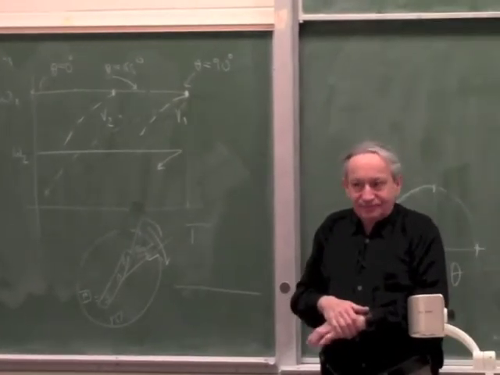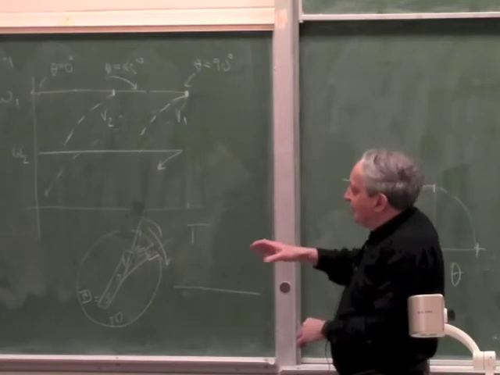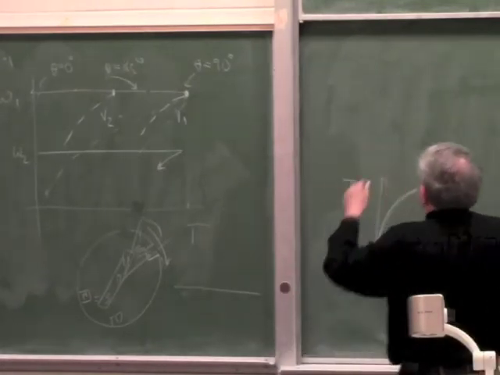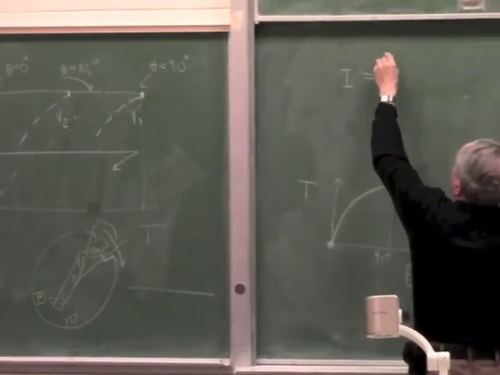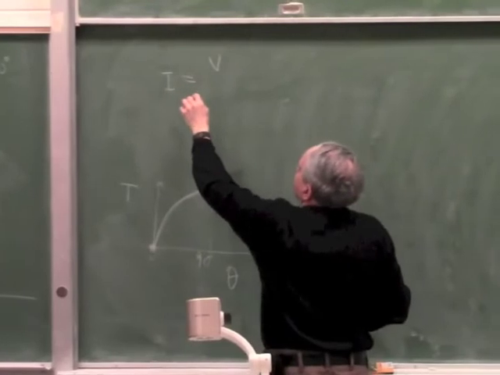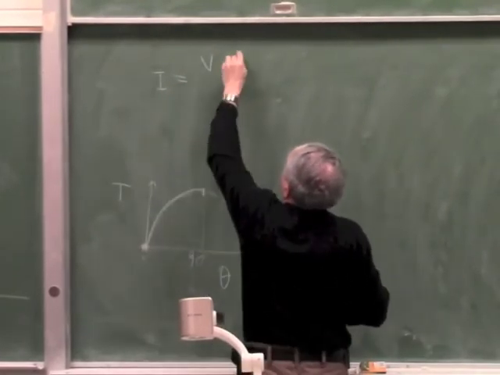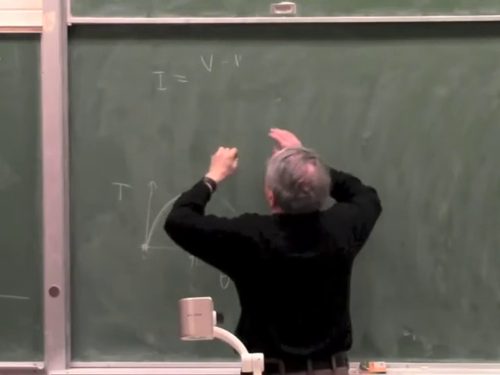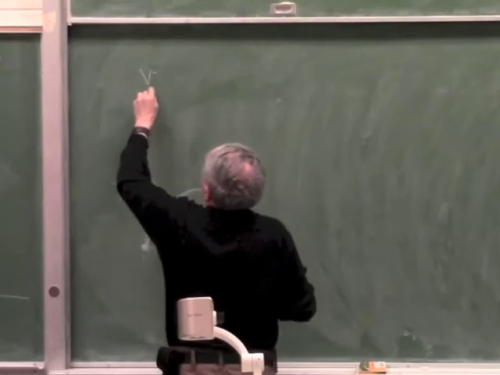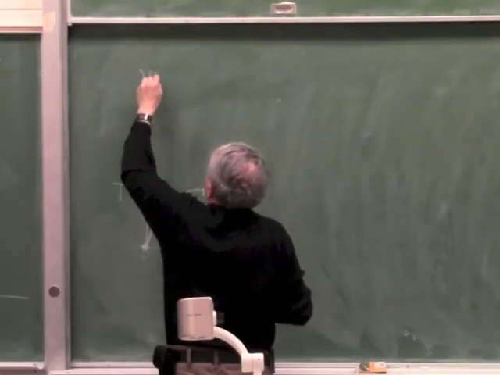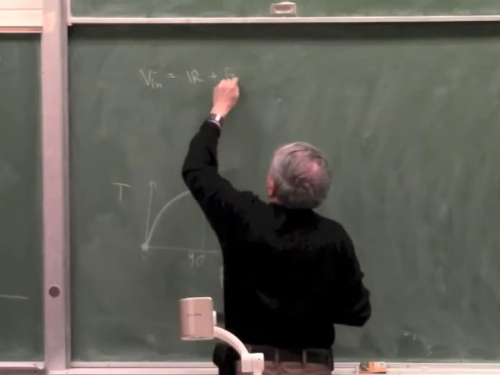Okay? Good. Now one thing you have to keep in mind is the basic equation: V into the motor equals IR plus the EMF, the back EMF.